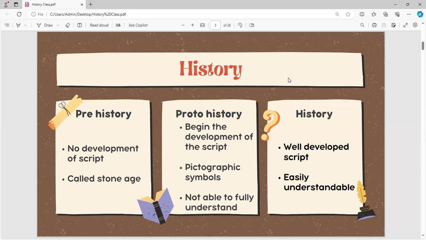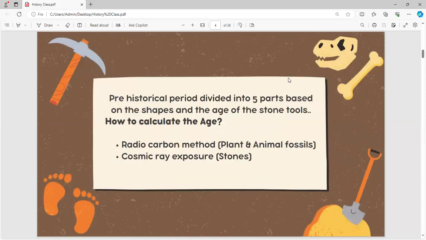Further, we are going to study the prehistory period. The prehistoric period is divided into 5 parts based on the shapes and the age of the stone tools that people used in that period. How to calculate the age of the stone?